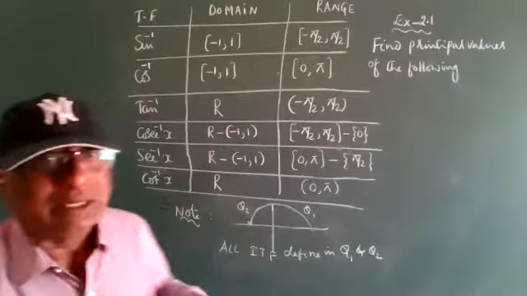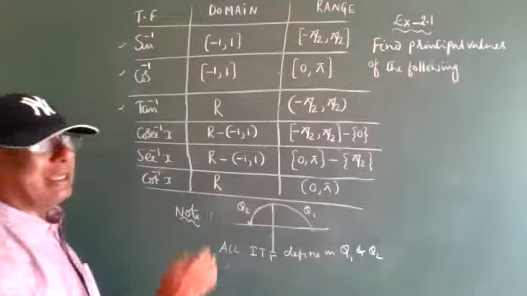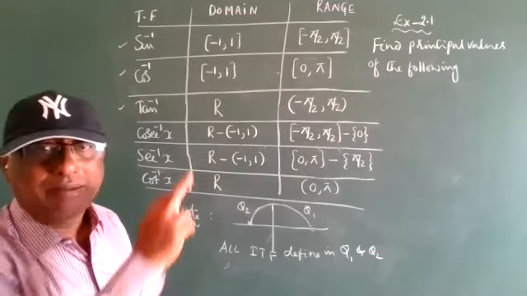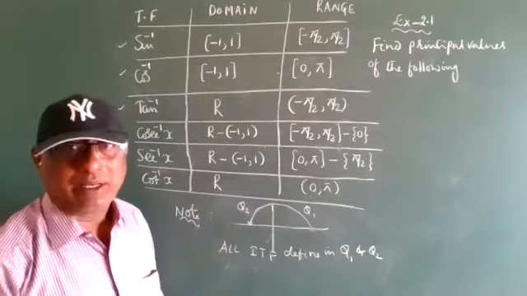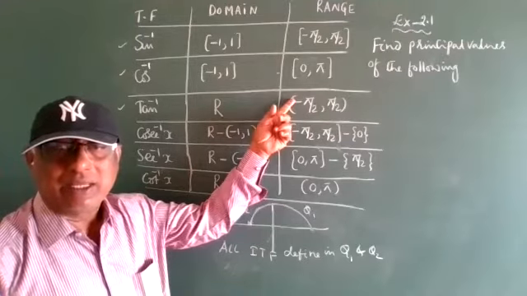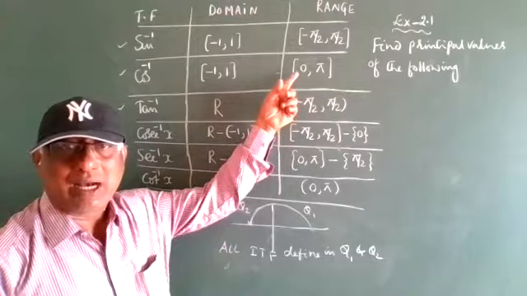Sine inverse, cos inverse, tan inverse we can remember, and the remaining are repeating, so observe it one time for easy remembering. What is the angle for sine inverse? It is the same for tan inverse and cosec inverse. What is for cos inverse?